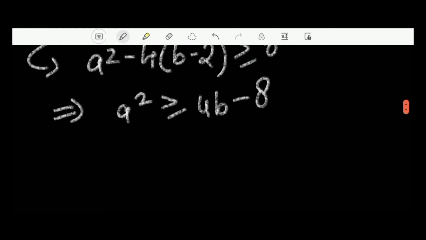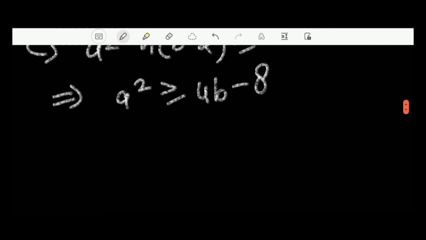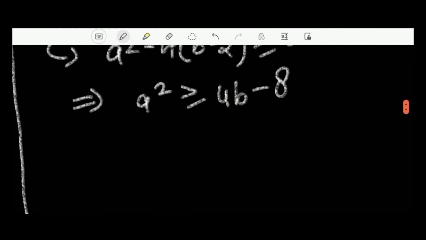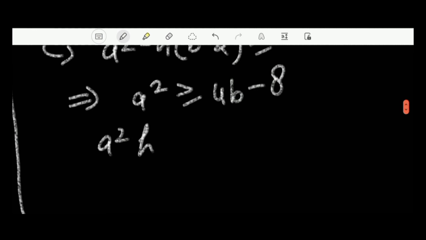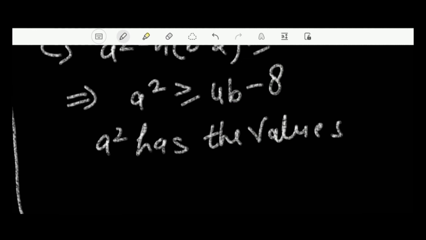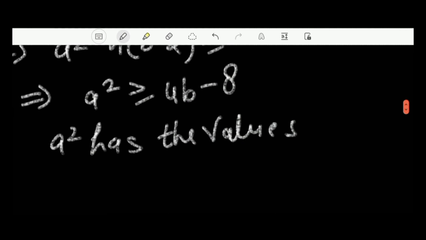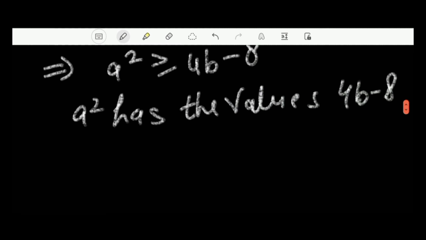And now here comes the important part of the problem, that this inequality shows that a square has values greater than 4b minus 8. And at the least case we can say that a square is equal to 4b minus 8.